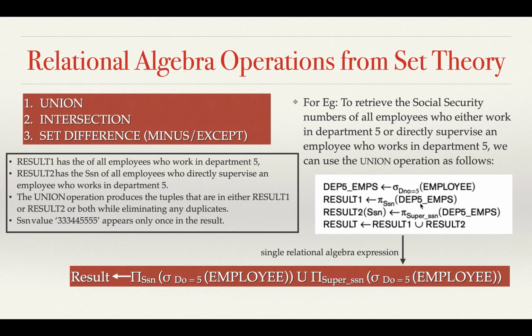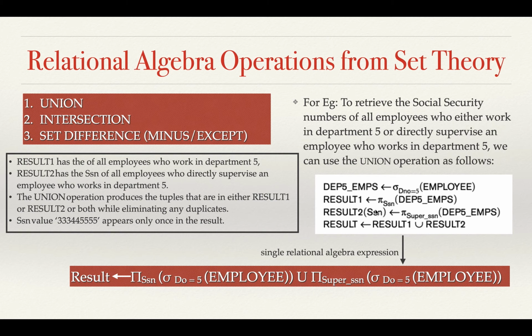So dep5 underscore emps is fed in as an input to the project operation, which is going to select only the SSN. Okay, so with that, in result one, this intermediate result, we have the SSN of all the employees who work for department number 5.